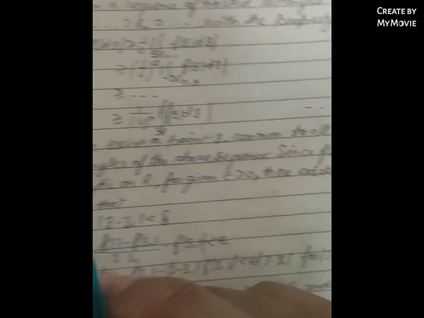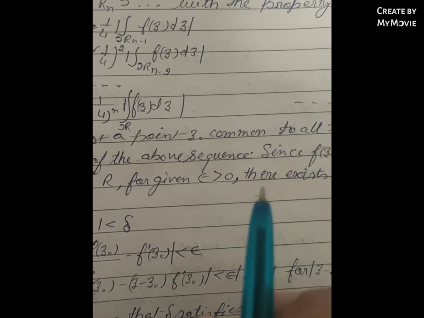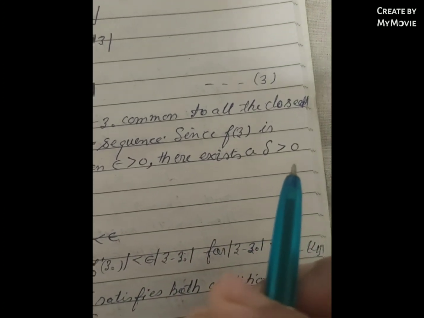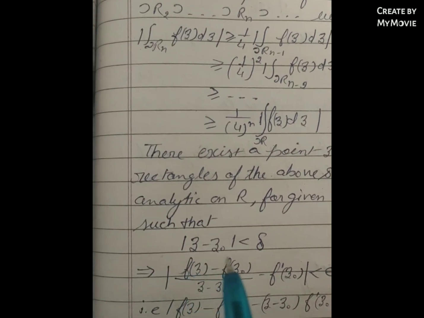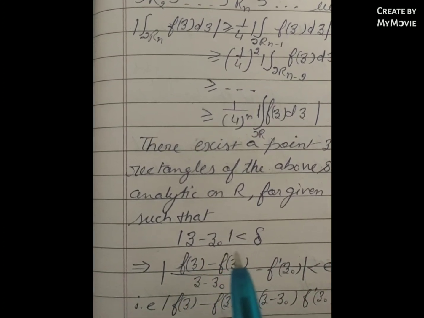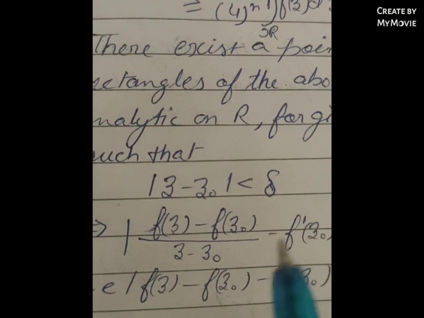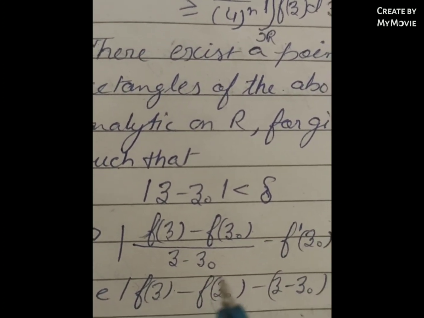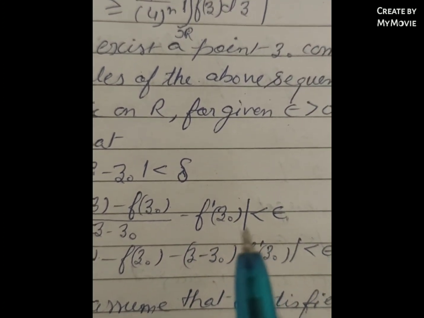Since f(z) is analytic at z0, for the given epsilon greater than 0 there exists a delta greater than 0 such that the modulus of (f(z) minus f(z0))/(z minus z0) minus f'(z0) is less than epsilon.